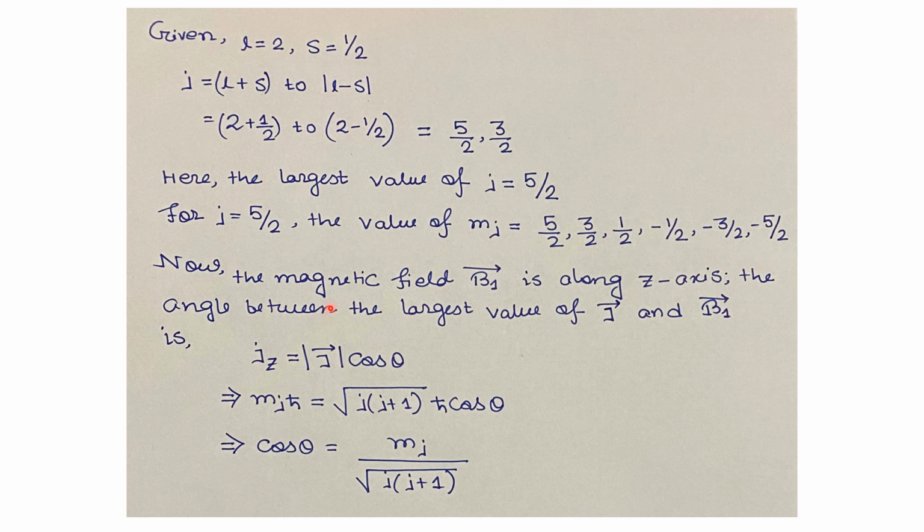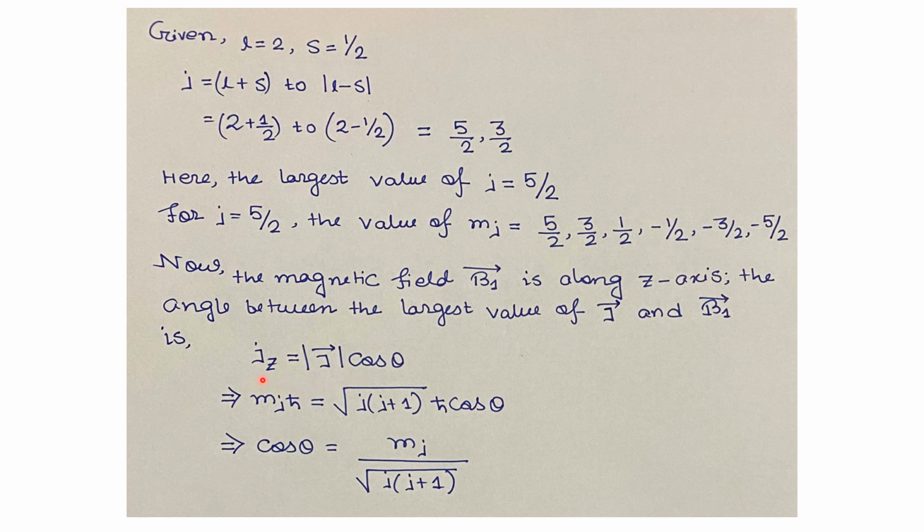Now the magnetic field B1 vector is along the Z axis. The angle between the largest value of J and B1 is theta, as given in the question. Now the projection of J along the Z axis gives us the Jz component. So we can write Jz equals mod of J times cos theta.